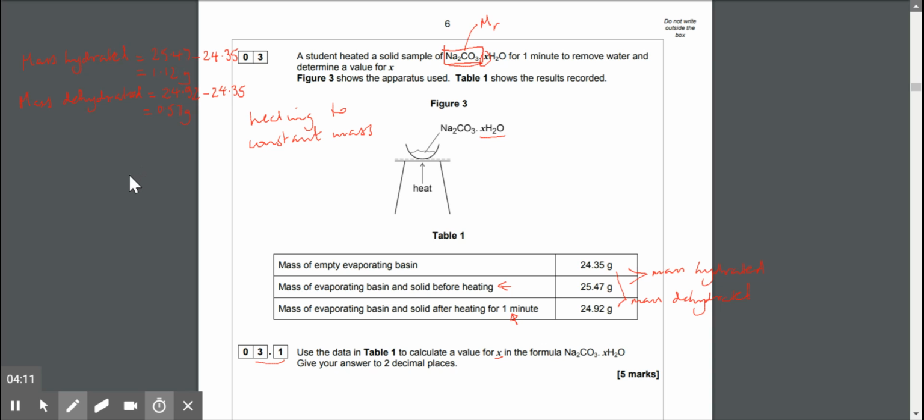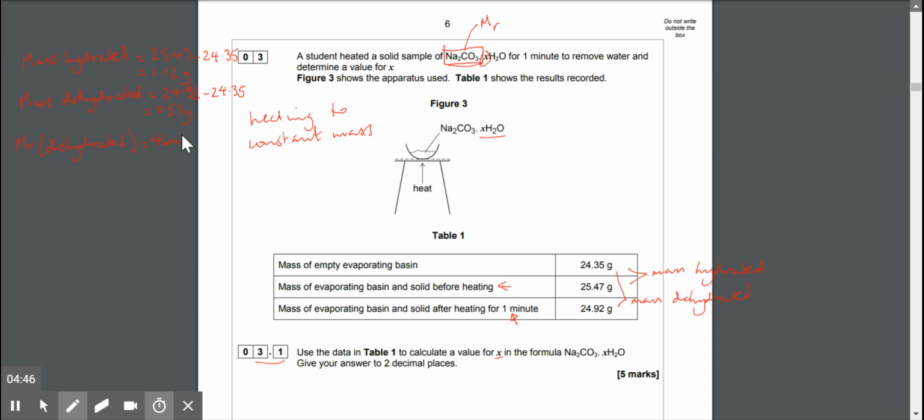And according to our plan, we need the MR of the dehydrated. We can't get the MR of the hydrated, the ones with the water, because we don't know what X is, but we can get the MR of the dehydrated one because we've got that formula. So the MR of the dehydrated equals, from the formula, 2 times 23 is 46.